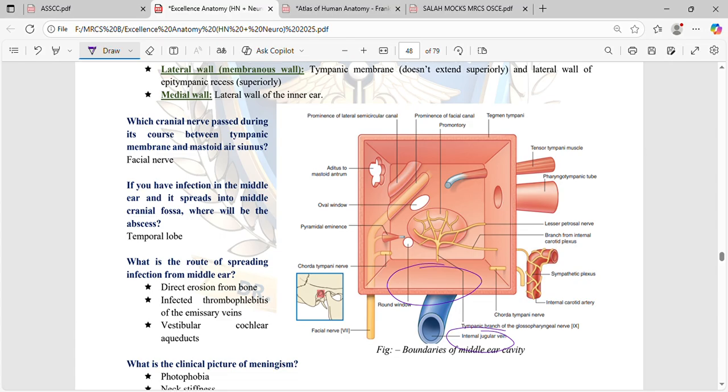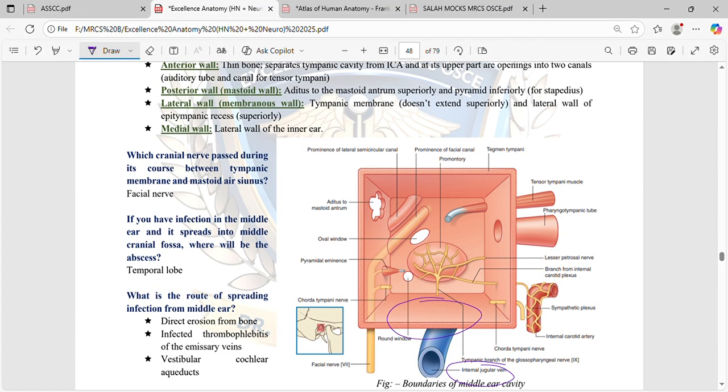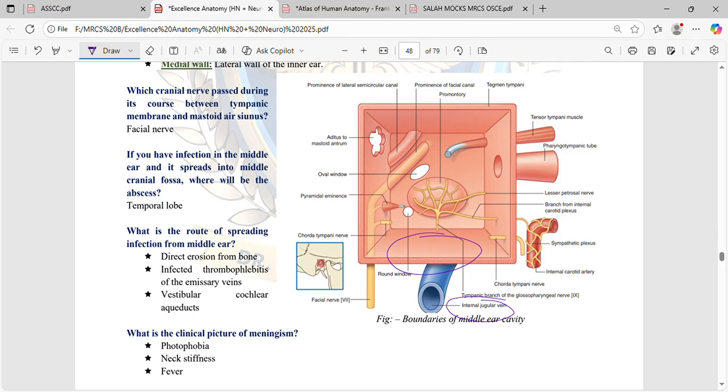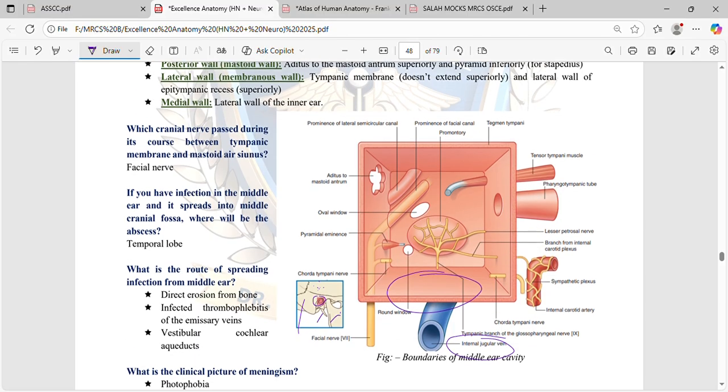Here you can see from the lateral view the mastoid process, the external auditory meatus, the styloid process, the ramus of the mandible, and the squamous part of the temporal bone.